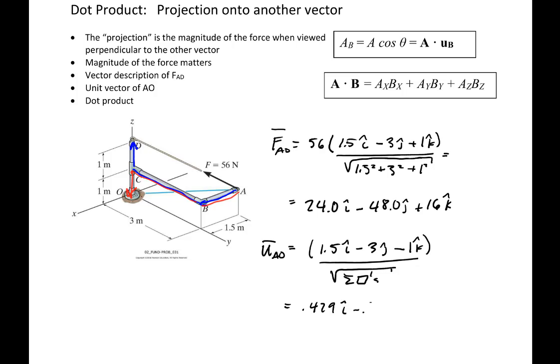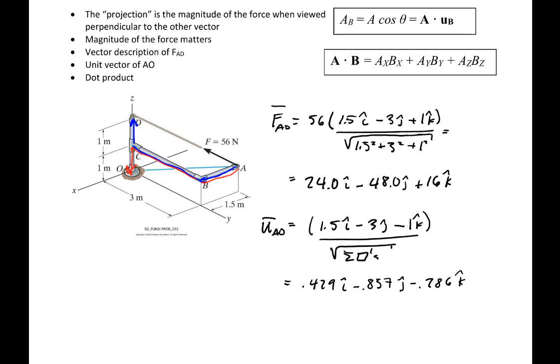0.429I minus 0.857J minus 0.286K. Okay, now I have the unit vectors, and all we're going to do to find that projection is multiply the x components, the y components, the z components, and then add them together. So I'm going to say F dot the unit vector of AO, and these are both vectors.